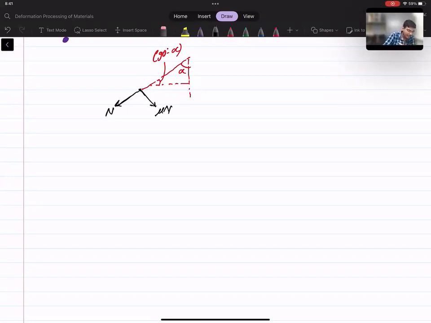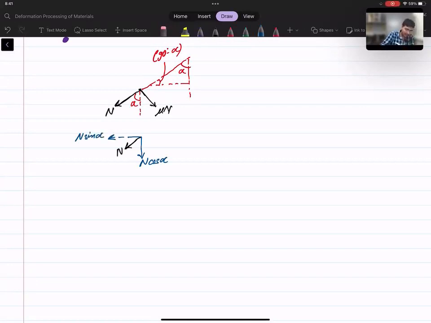So this angle is 90 minus alpha. Again, this will be with the vertical, it will be alpha. This will be again alpha. So if we resolve the components of these loads, we will see for this n, the components are this will be n cos alpha, and in this direction there will be n sin alpha.